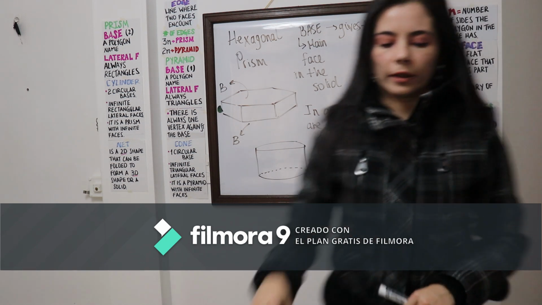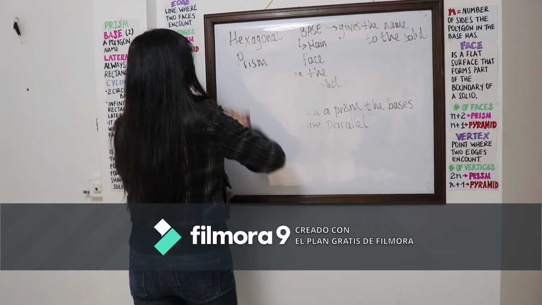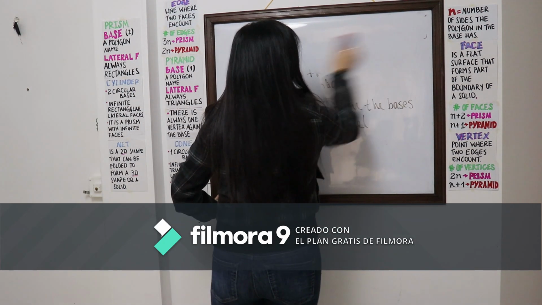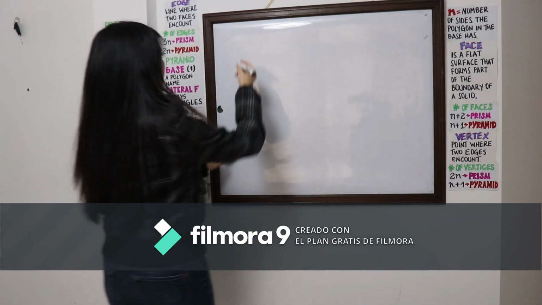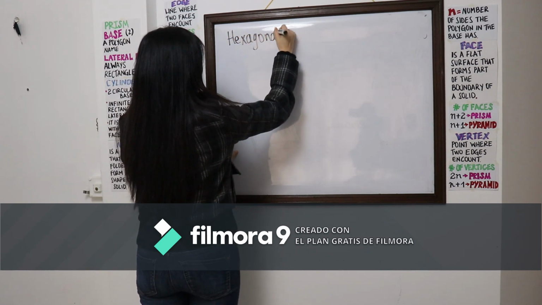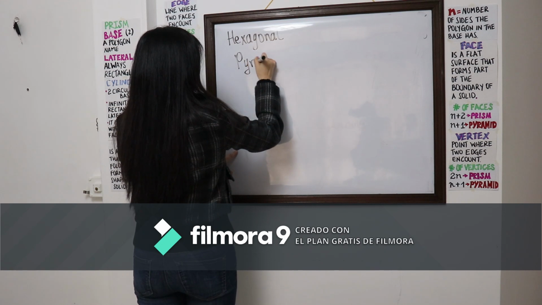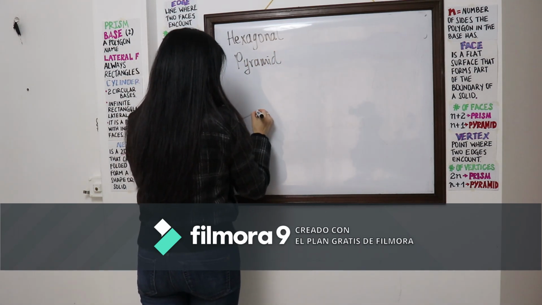Now let's go and work with pyramids. I'm going to see how a pyramid is described, right? I'm going to do, again, a hexagonal pyramid. And pyramids are solids as well, of course.